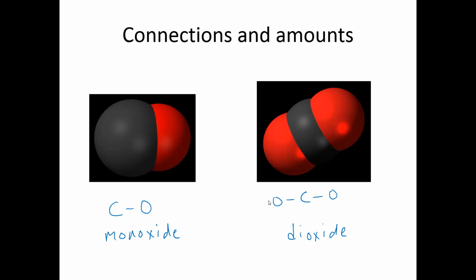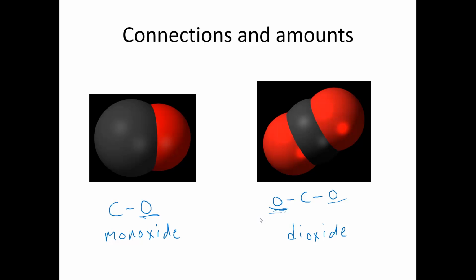So now, looking at these, what's the difference? In the second molecule, I have a different ratio, and I have a different connectivity. I have this oxygen attached on both sides of the carbon versus an oxygen only attached on one side of the carbon.